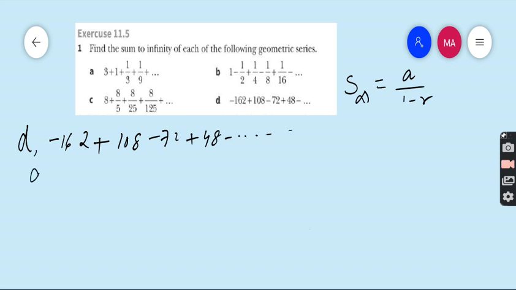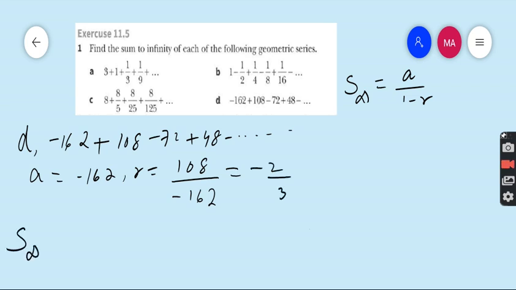The first term a is minus 162. The common ratio is 108 upon minus 162. Use the scientific calculator to find the answer in terms of a fraction. That is minus 2/3.